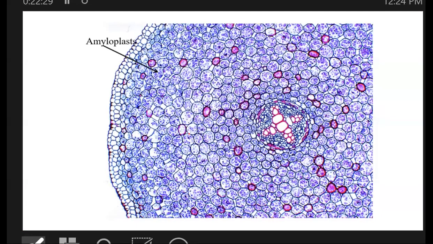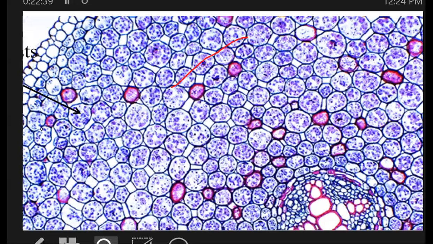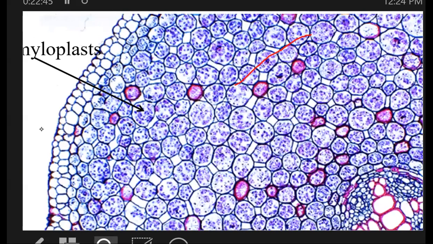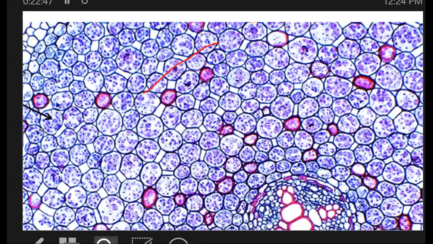So yes, go ahead. They almost look like they might be sclereids. It's hard to see in the graininess of it.